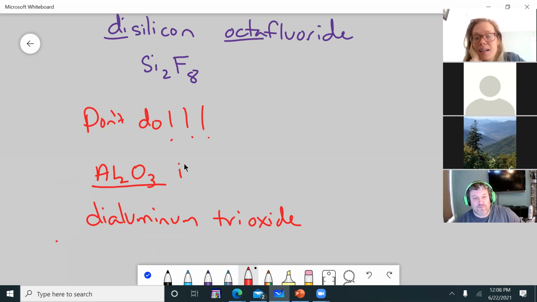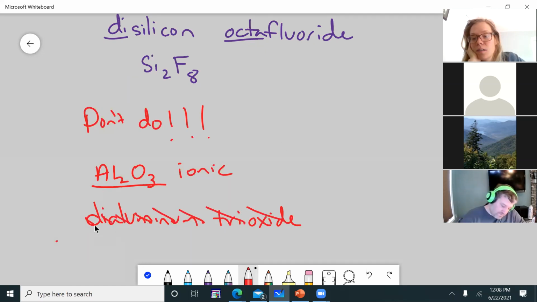Because this is ionic. We do not use prefixes anywhere near something that is ionic, okay? If it has a metal in it, if it is ionic, I do not want to see you write a prefix. Is this going to be an option in your multiple choice if this was something you had to name? Oh, for sure, because this is an easy one that people like to pick at.